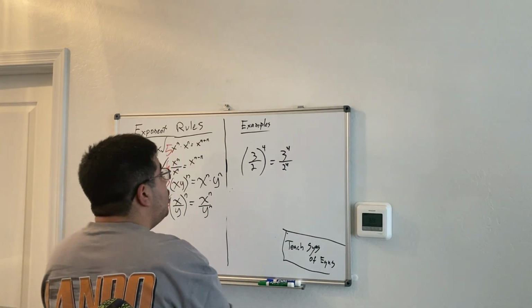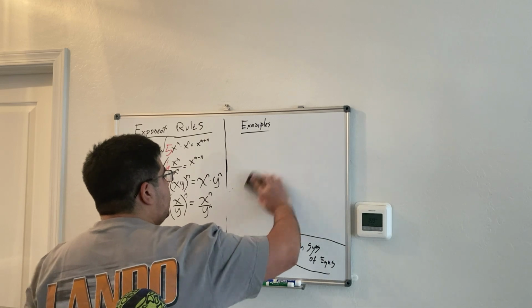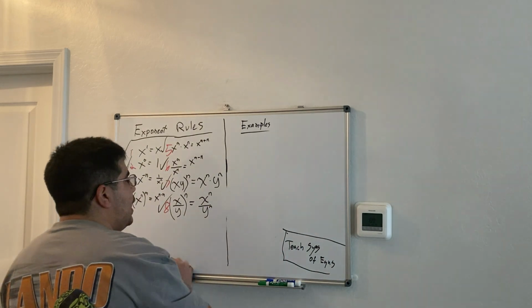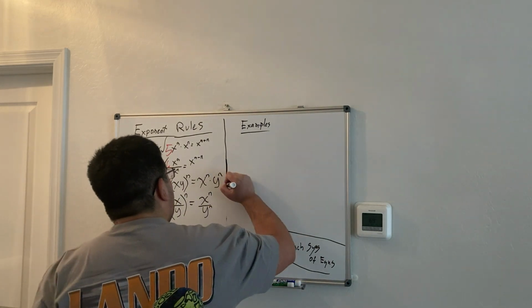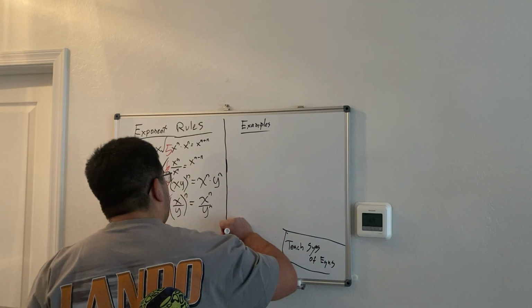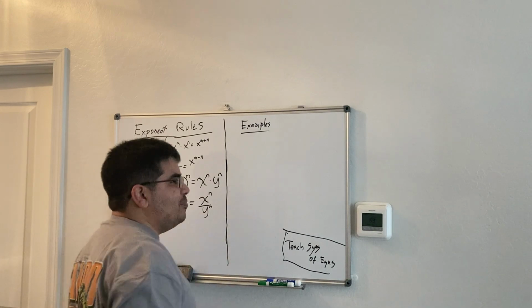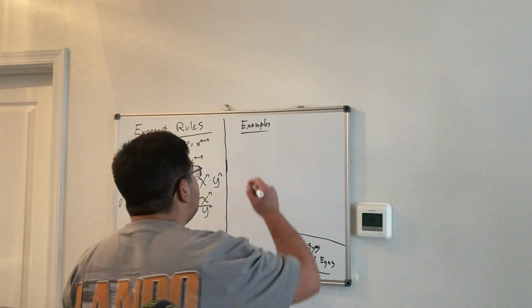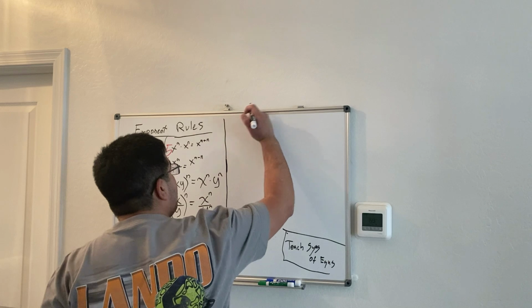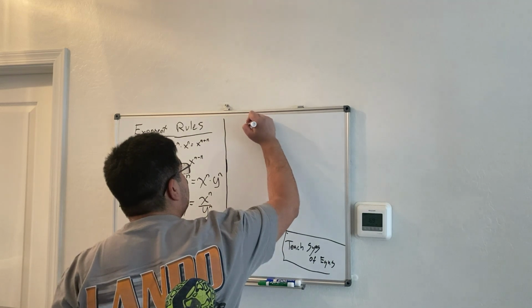Cool. What is the importance of these exponents? Why do we need these exponents? Good thing you asked me that, because that'll lead me to the next part of my video, which is, instead of examples, we're going to write problems.